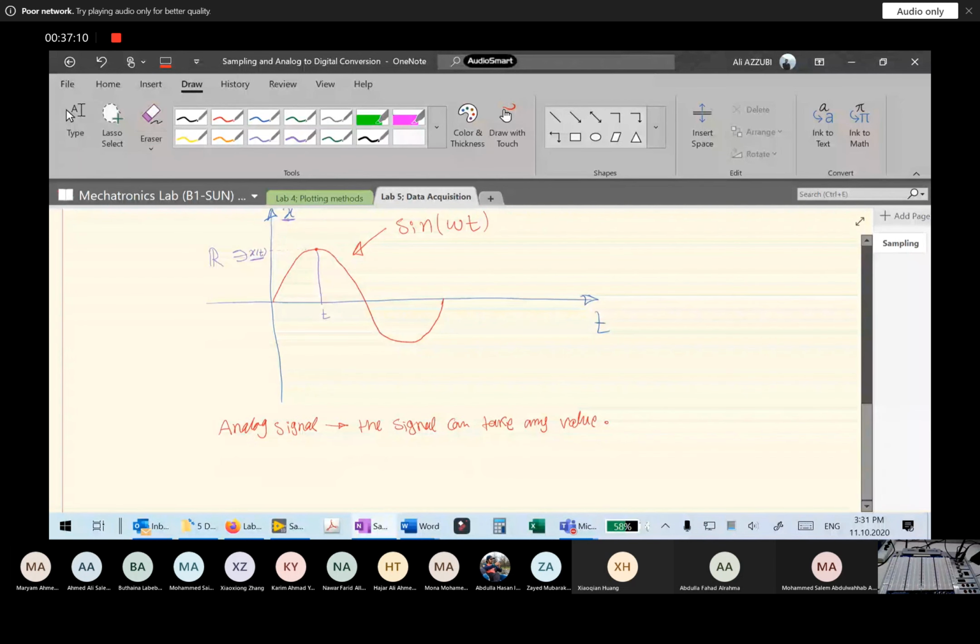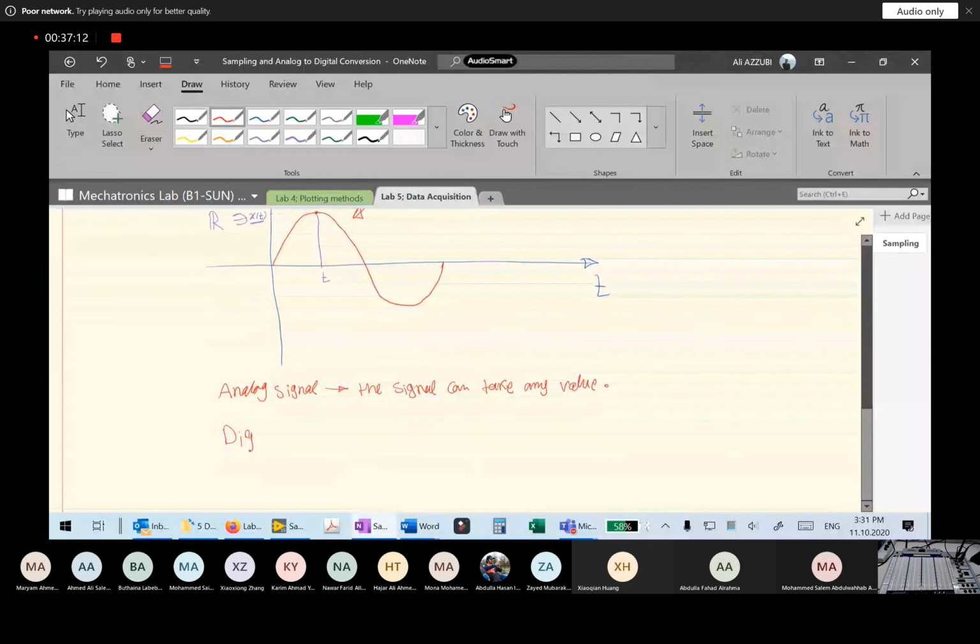What about a digital signal? The signal value is discrete.